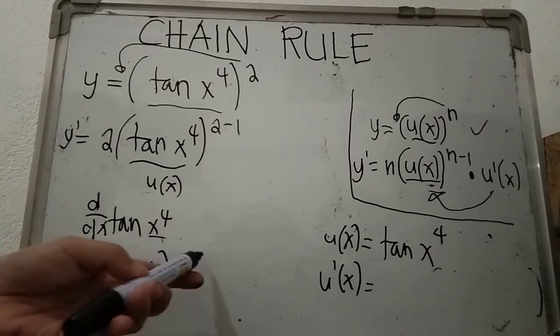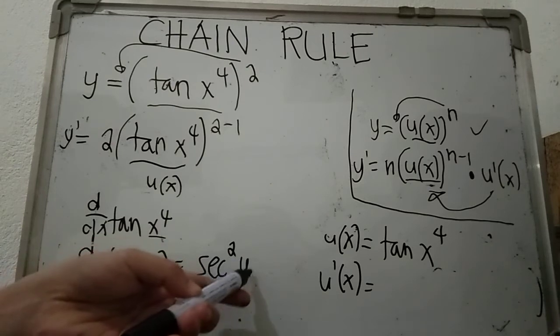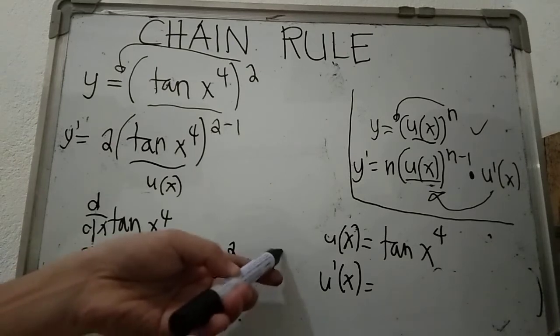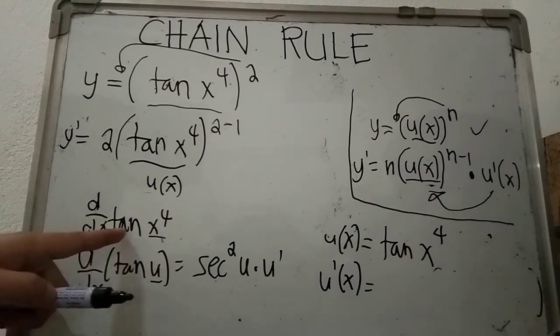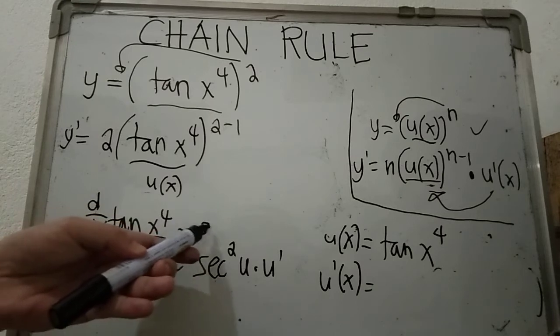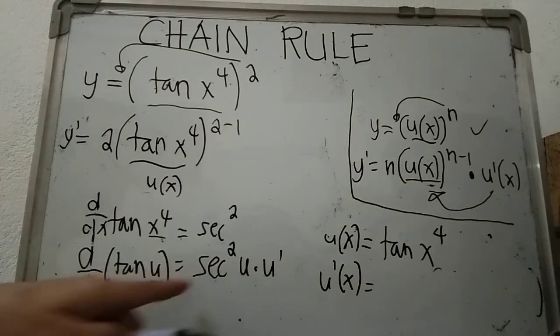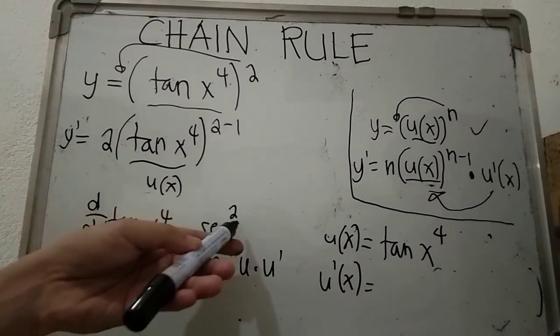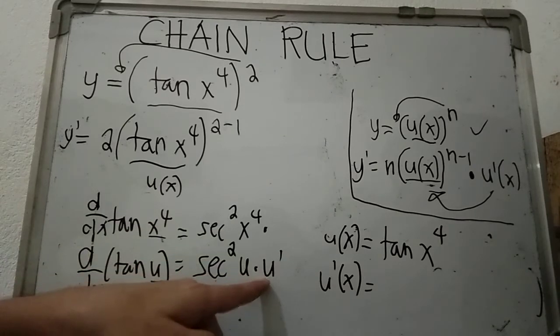The formula is equal to the secant squared u times the u prime. Meaning to say, in finding the derivative of tan x to the 4, all you have to do is to copy the same. So we have secant squared, and then all you have to do is to copy u. What is your u? X to the 4th, times the derivative of your u.